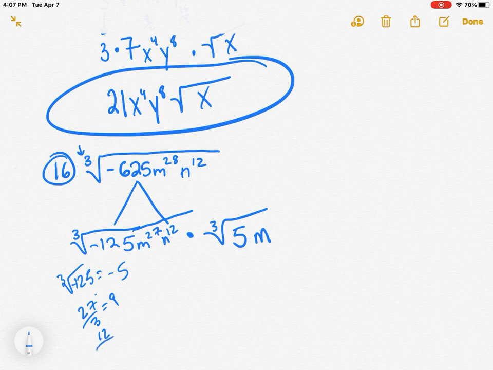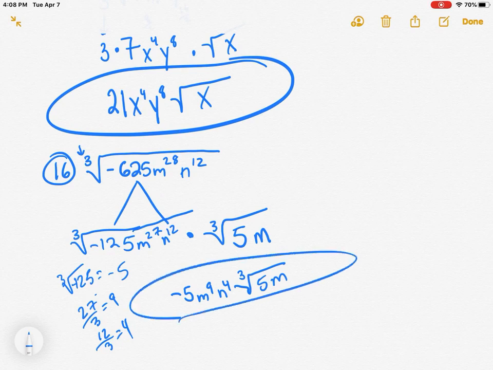We then take 12 and divide that by 3, we get 4. So combined all that, we get negative 5 m to the 9th times n to the 4th, times the cube root of 5m. Okay?